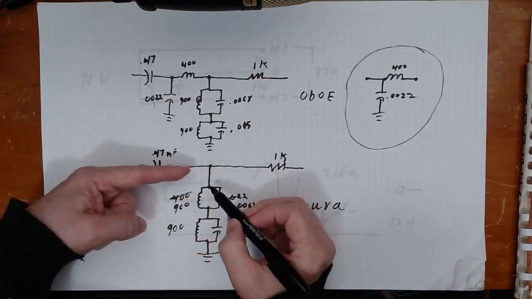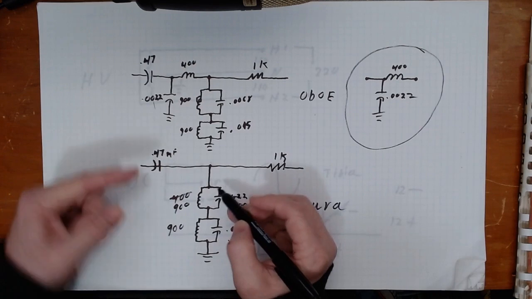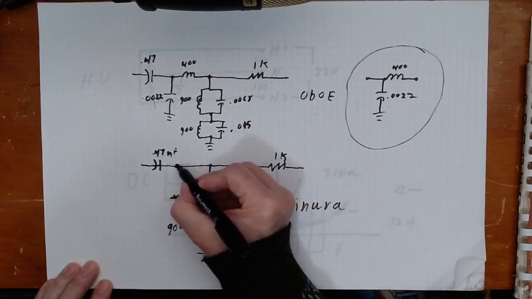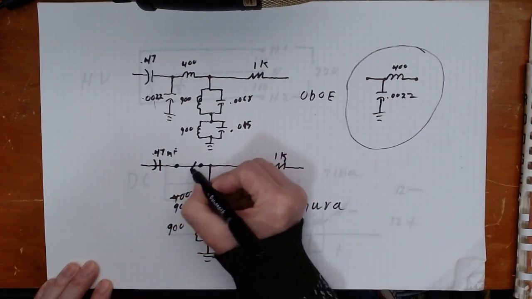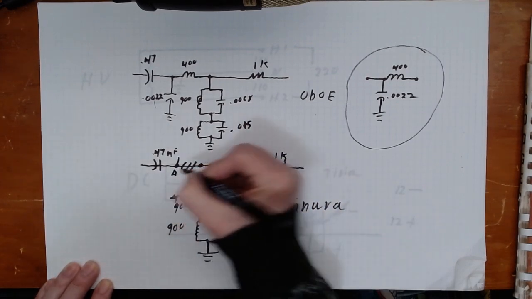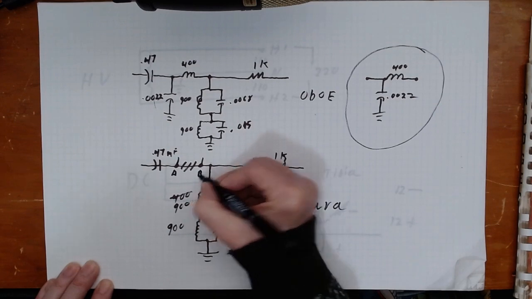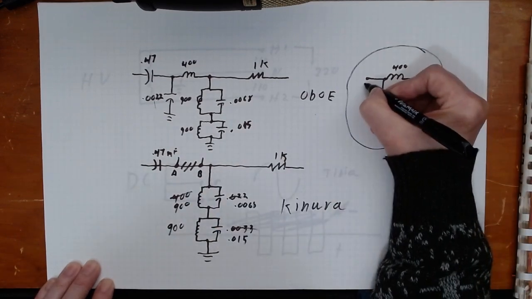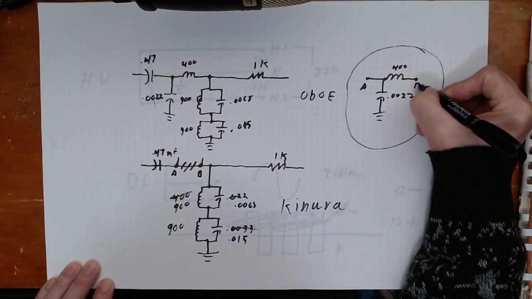In the physical world, I'll just disconnect this capacitor, but in the schematic world, it'll look like this, and we'll call this point A and this point B.